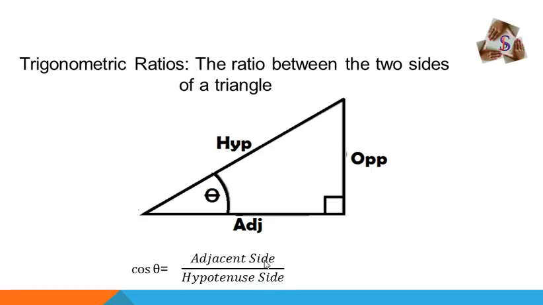Both the sides will be of the same unit. So the side that is along theta is called the adjacent side, and the side that is opposite to theta is called the opposite side. And always the side that is opposite to the right angle is called the hypotenuse side.